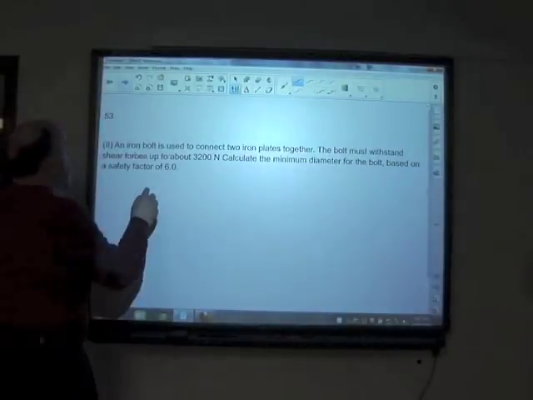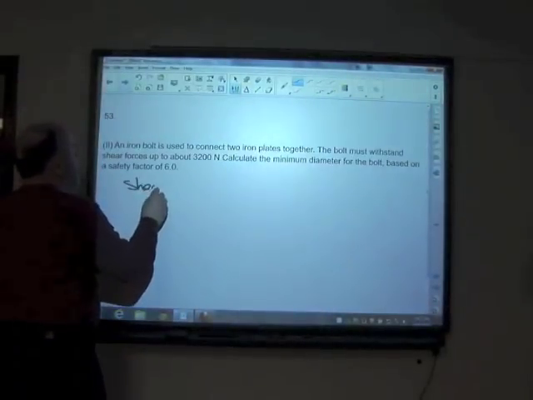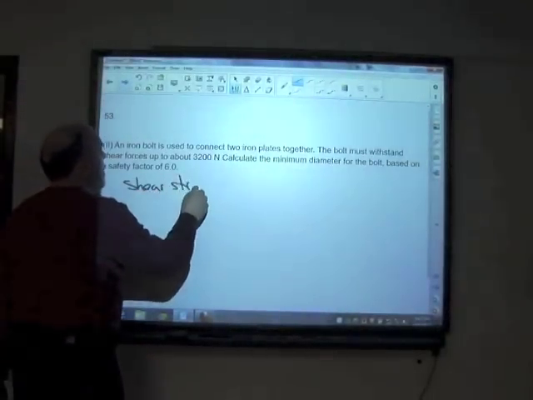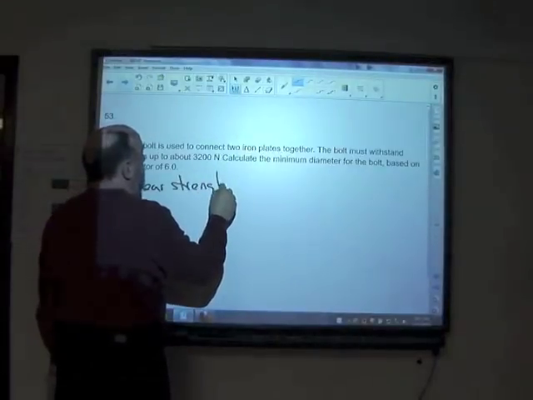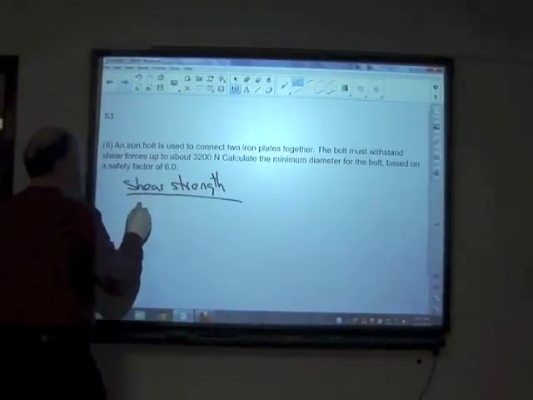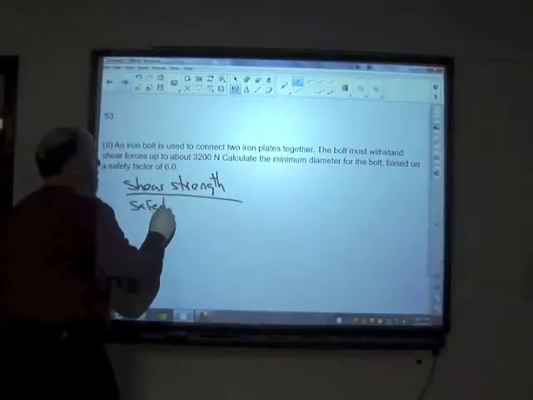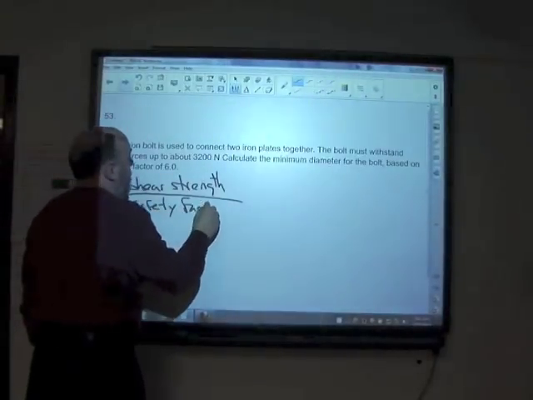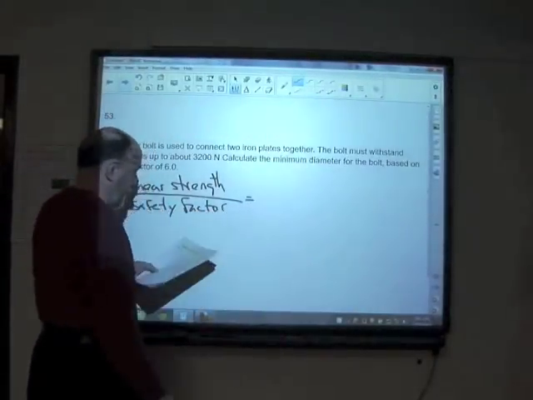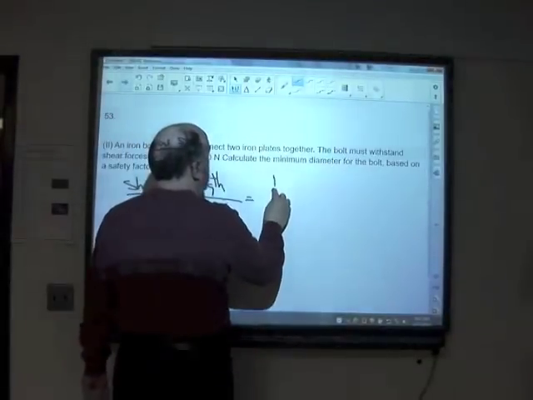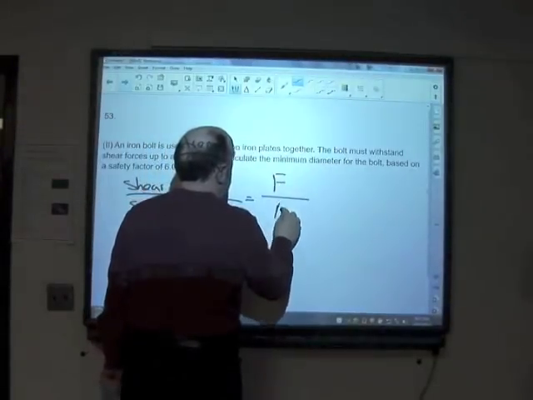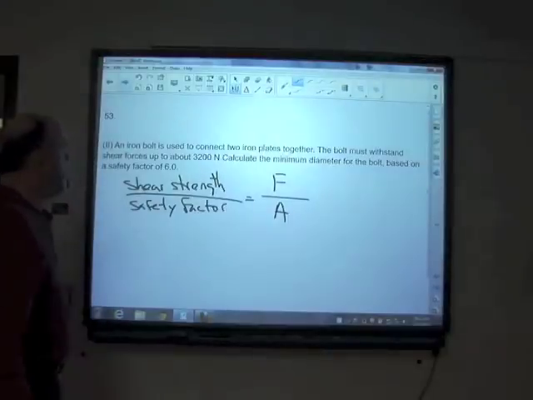In terms of a formula for this, the shear strength, which again is a constant you can find in tables, divided by the safety factor, is going to equal the force over the area.